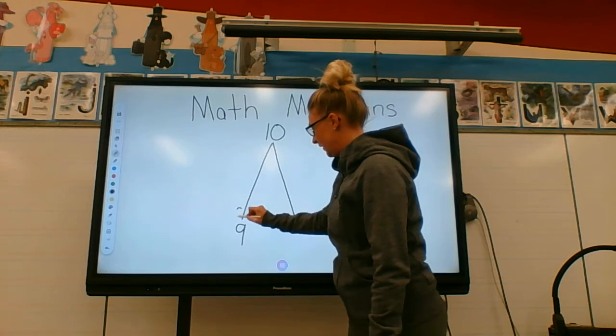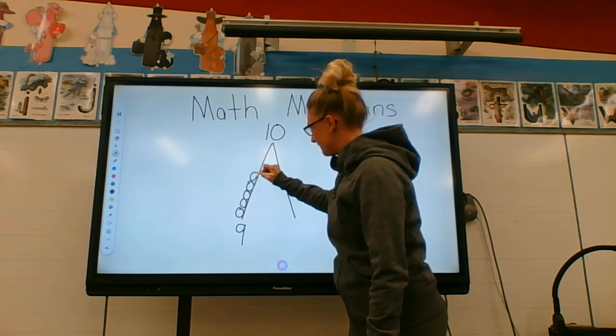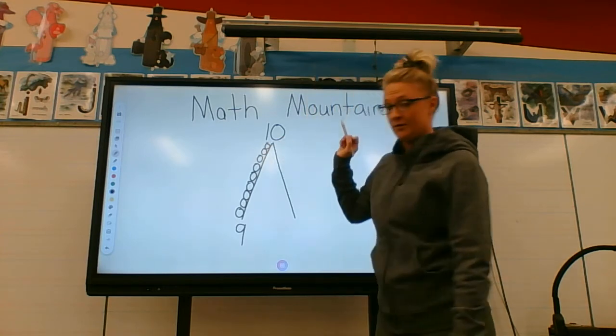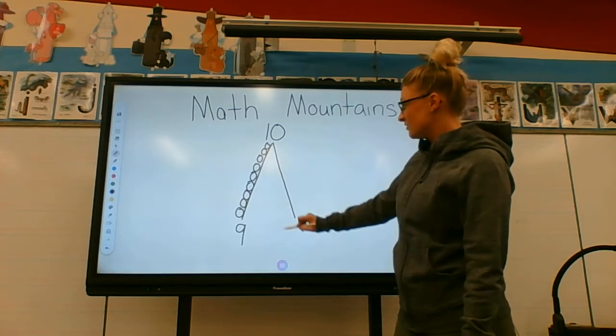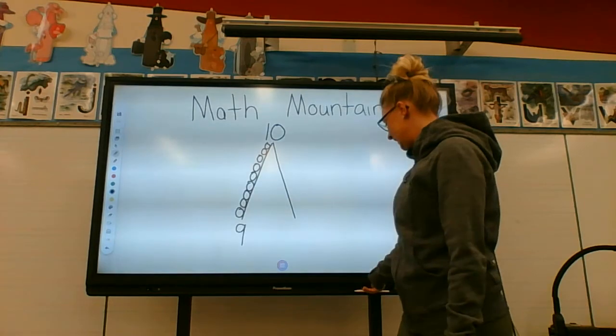Counting with me, 1, 2, 3, 4, 5, 6, 7, 8, 9. Holy cow, that goes all the way up to the top. So we have 9 circles on this side, and we need to figure out what plus 9 equals 10.